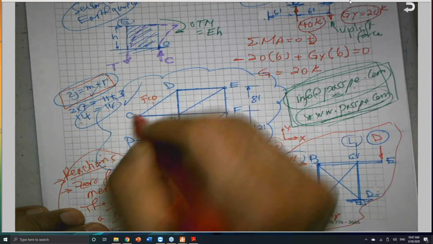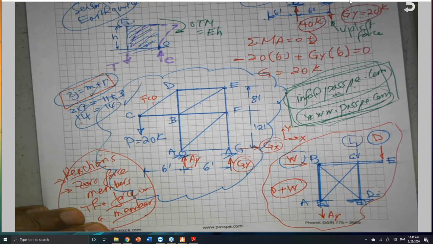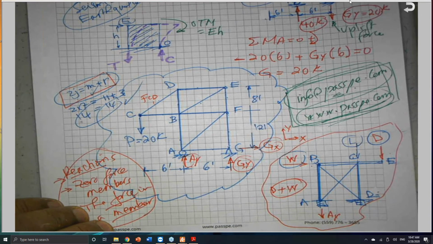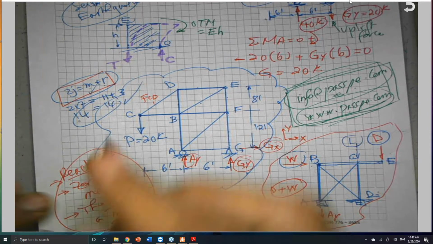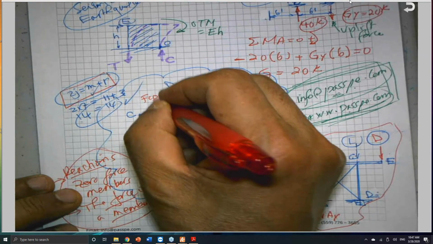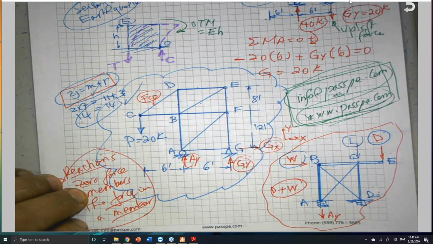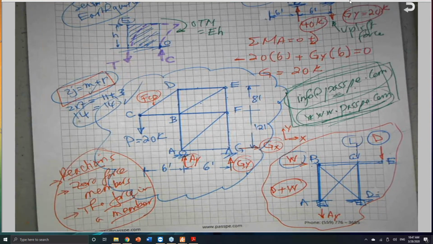What is the force here, FCD? Indicate tension or compression. Let me give you 1 minute from now, and let us vote. We are a democratic country, we are going to vote this coming November for a new president. How much is the magnitude and the direction, either tension or compression?